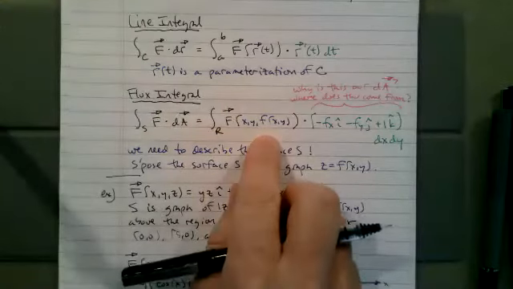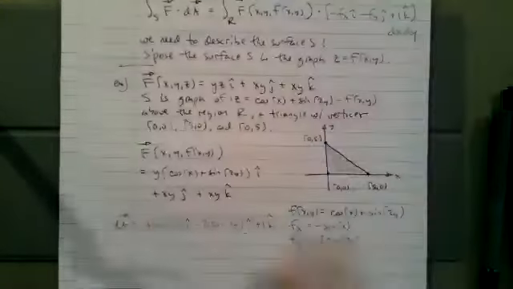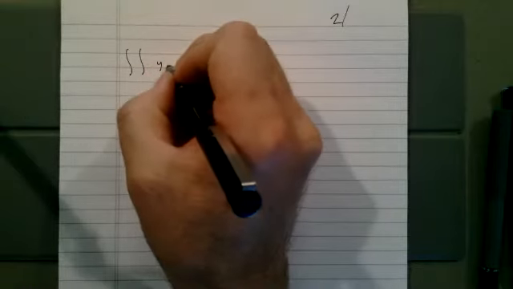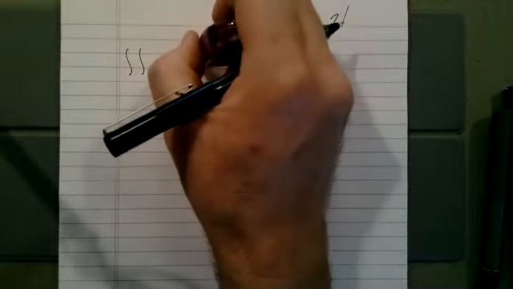I need the vector field evaluated at the surface, which is this expression. So I need y times cosine x plus sine of 2y. This is all going to need to be crammed together because it is very long. I'm not going to fit it on one line.